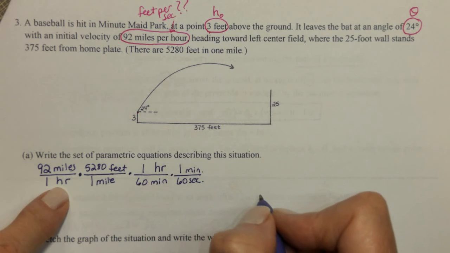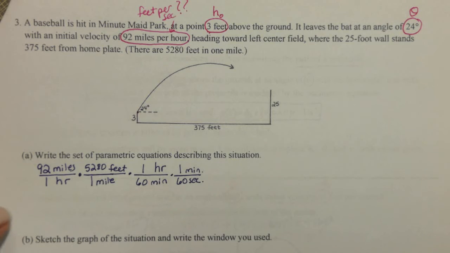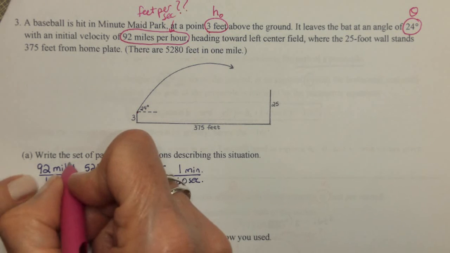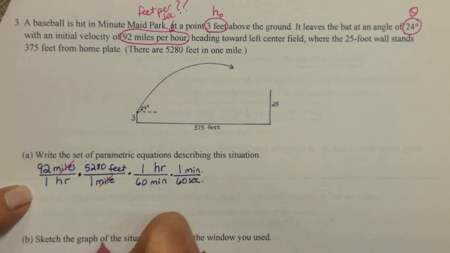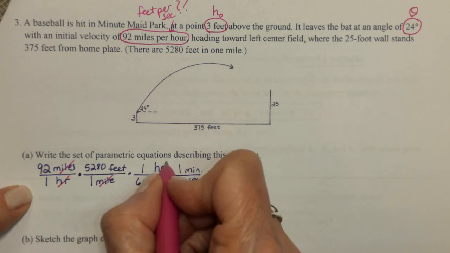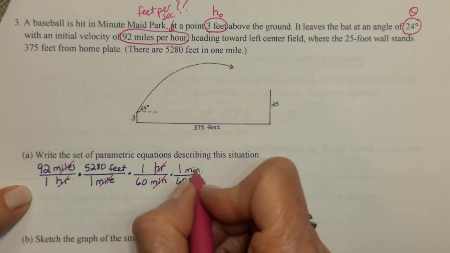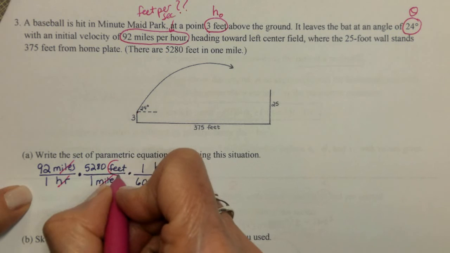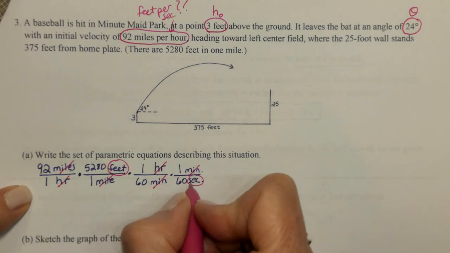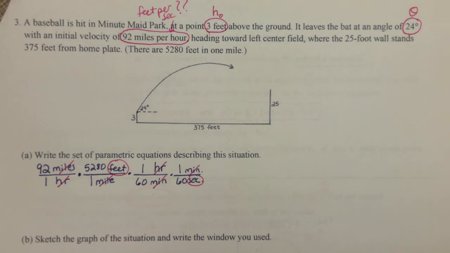Okay? So, look at our units. The miles will cancel. The hours will cancel. The minutes will cancel. I will be left with feet per second. That's how you do a unit conversion.